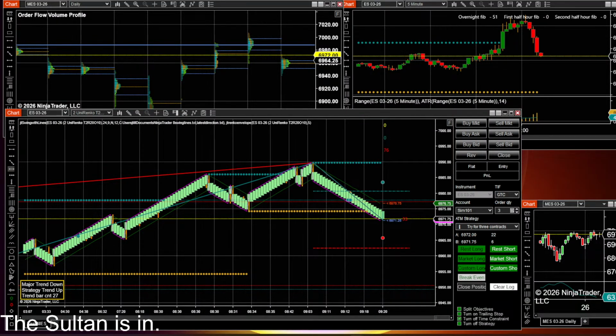We're coming down to yesterday's close, which is around 71.25, and could be the area where we'll bounce.